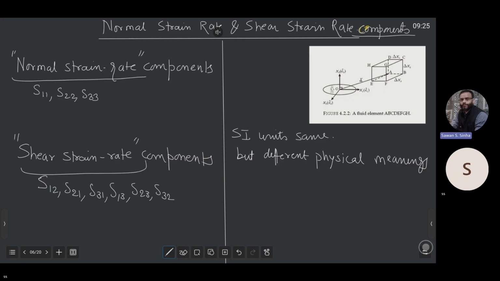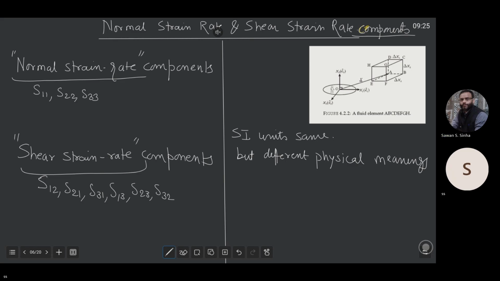The meaning of the word shear is something like this. There are layers and you are trying to force one layer to move on the other. This action is represented by the English word shearing action. Any connection with that choice of the adjective and the physical meanings of these strain rate components?